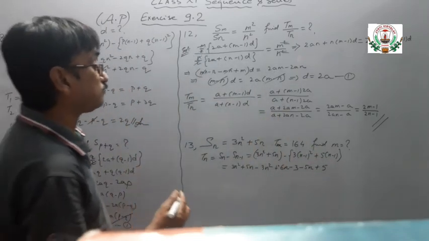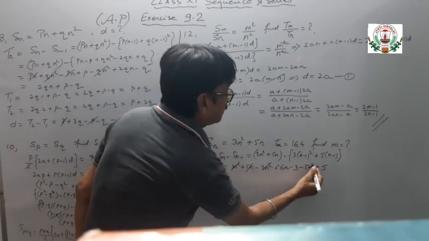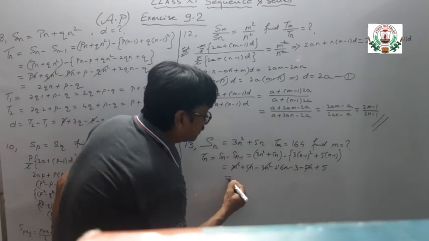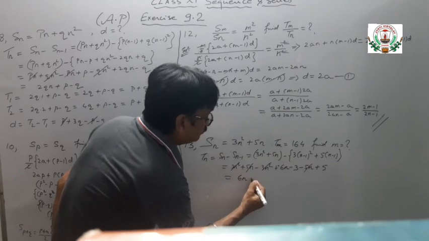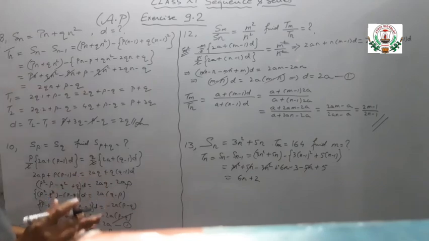Be careful in simplification. 3n square minus 3n square, plus 5n minus 5n, and the result we are getting is 6n plus 2. 6 and 5 minus 3 is 2. That is the nth term.